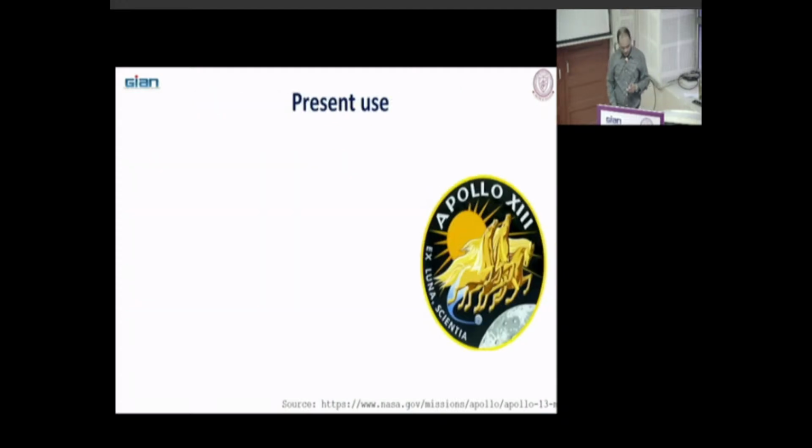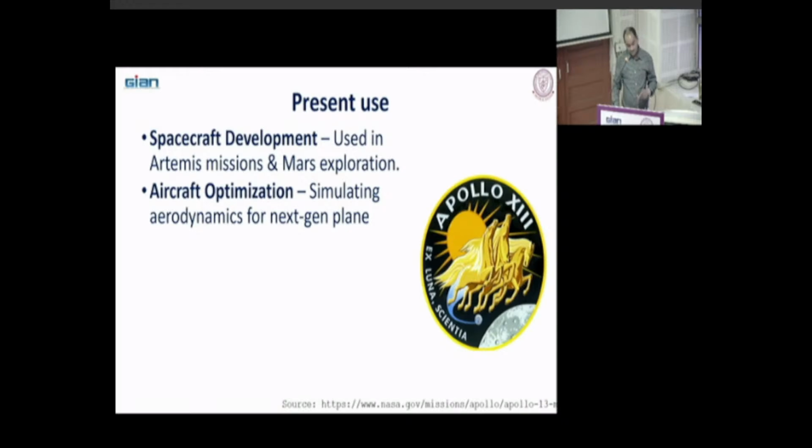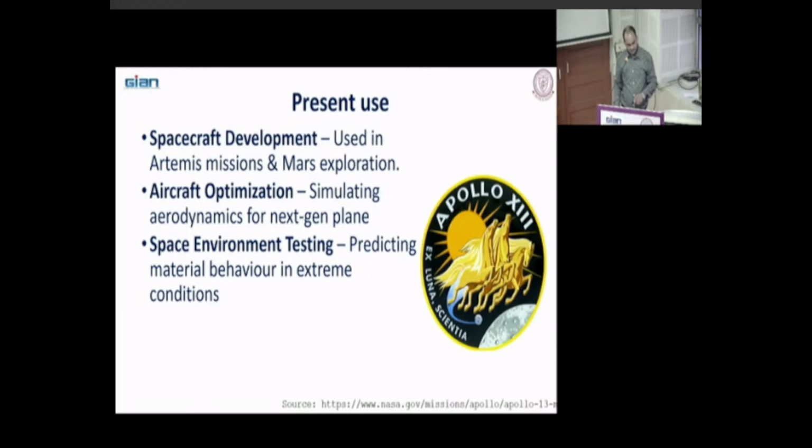So nowadays as well, NASA uses digital twin technologies for various aircraft and spacecraft development, used in Artemis missions and Mars exploration, then aircraft optimization, simulating aerodynamics for next-gen planes, and space environment testing, predicting the material behavior in extreme conditions.